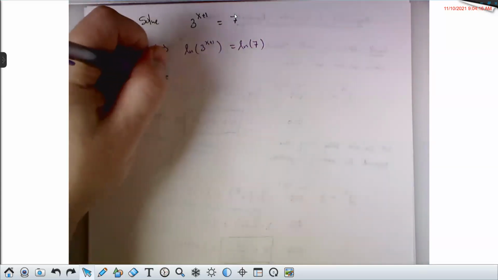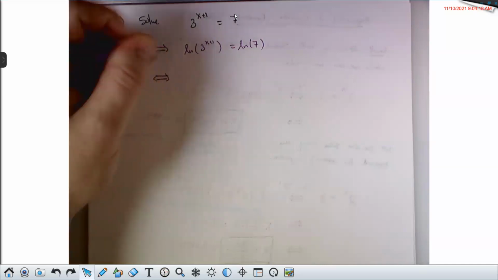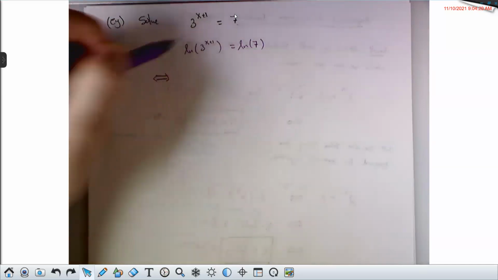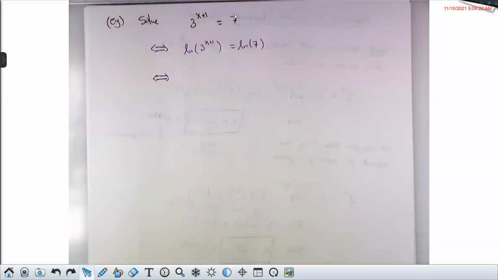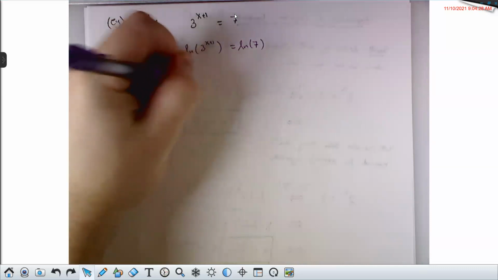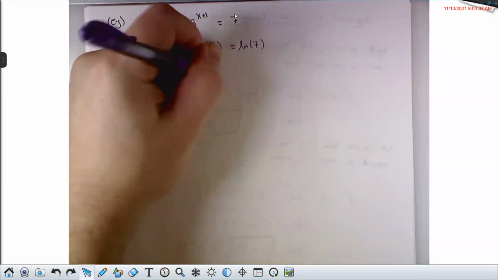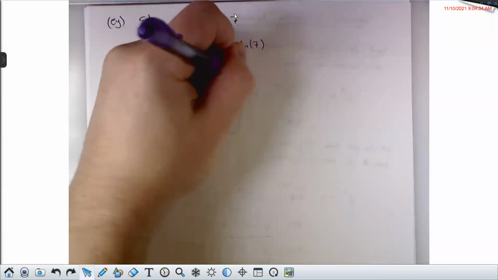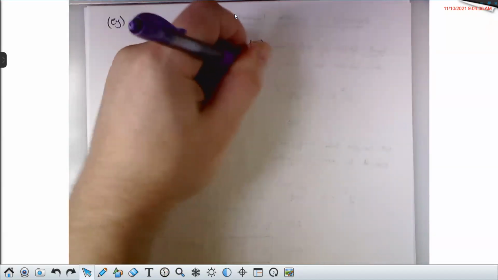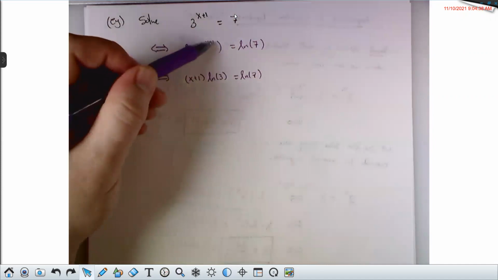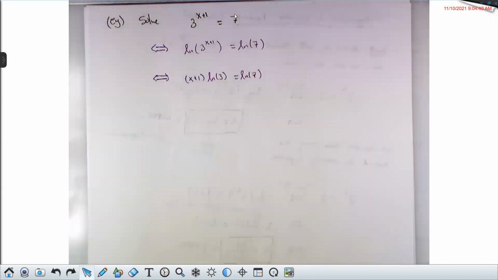Then I use my properties of logarithms to bring this power down in front. And just like we saw in other cases, when you're using these rules to bring down a piece that has 2 terms, you need to do that with parentheses. This is parentheses x plus 1 times the ln of 3 equals the ln of 7. The power inside was x plus 1, so that comes down.